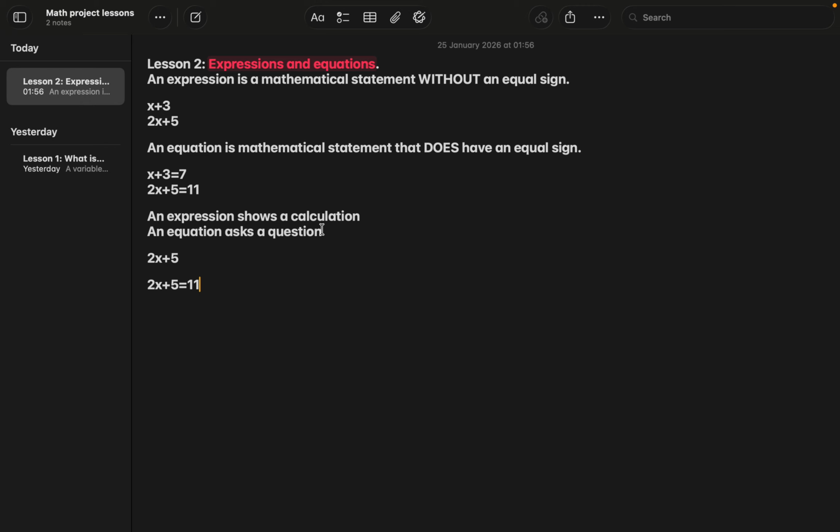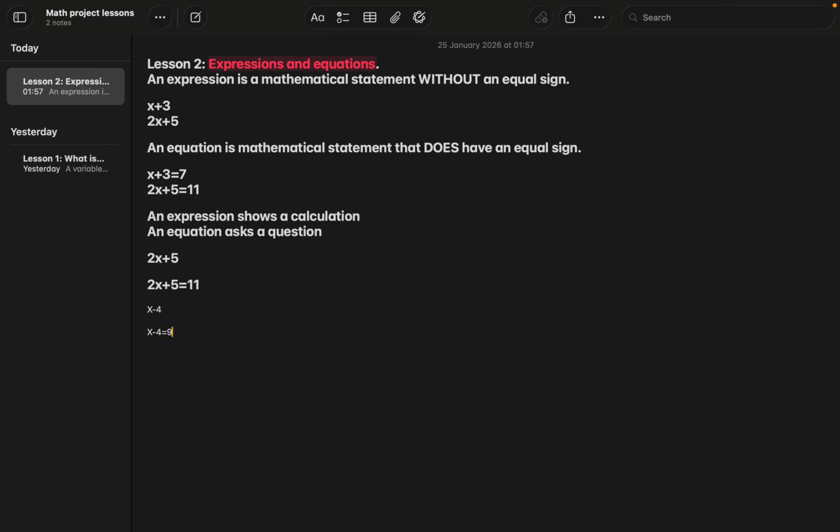Now let's check our understanding. Look at this, x minus 4. This is an expression and there is no equal sign. Now look at this one, x minus 4 equals, let's say, 9. This is an equation and we can solve it.